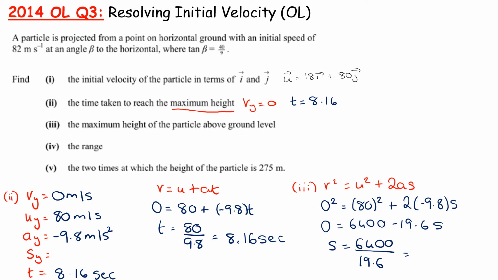So that gives us 326.53 meters. If you worked as s equal to ut plus half at squared and subbed it in, you're going to get exactly that same answer. So s is equal to 326.53 meters.